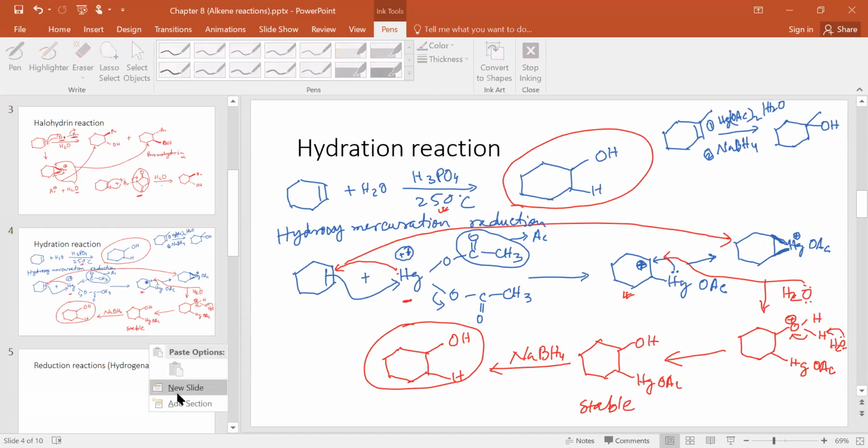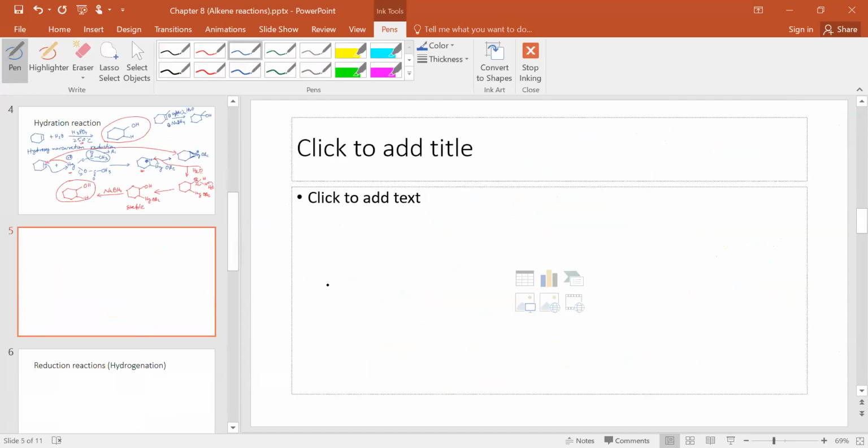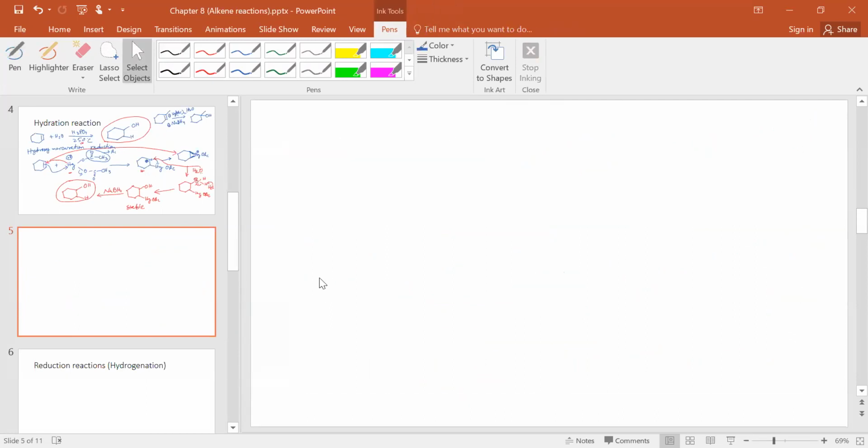One more hydration reaction that is entirely different is the hydroboration oxidation reaction. Now I'll give you this example here: methyl cyclohexene.